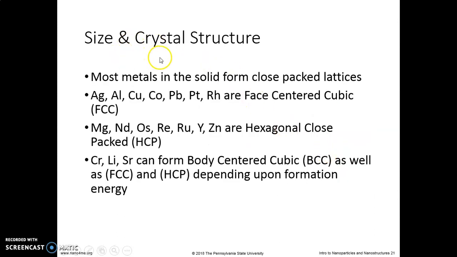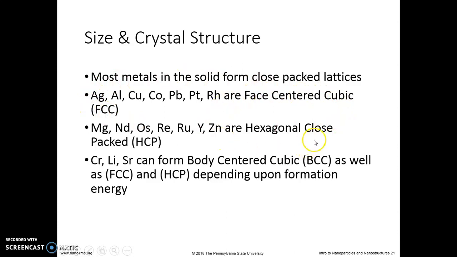So, crystal size and crystal structure continues in this slide also. Most metals in the solid form have a close packed lattice. Ag, Al, copper, cobalt, Pb, Pt and Rh are examples of face-centered cubic.